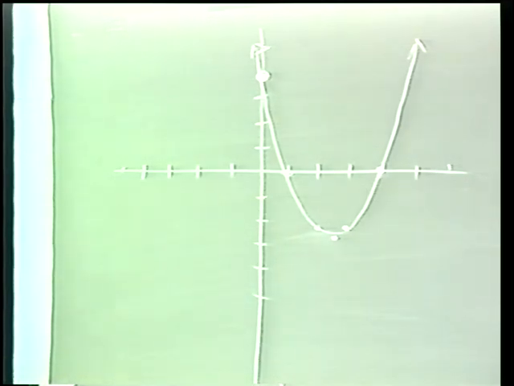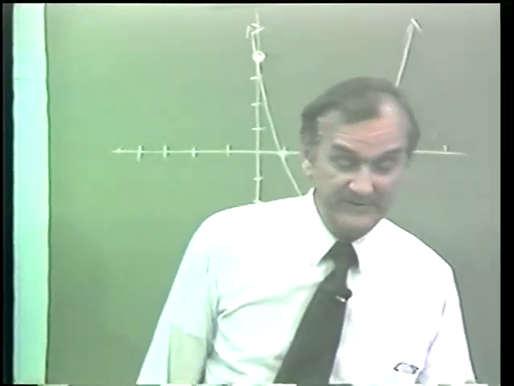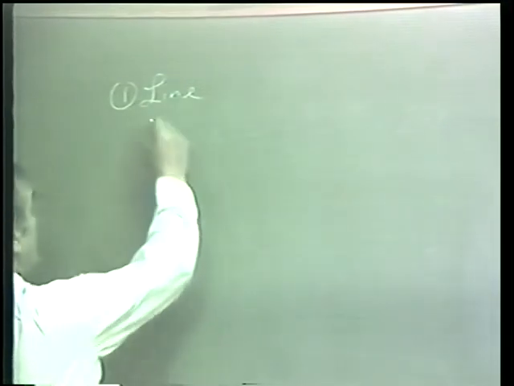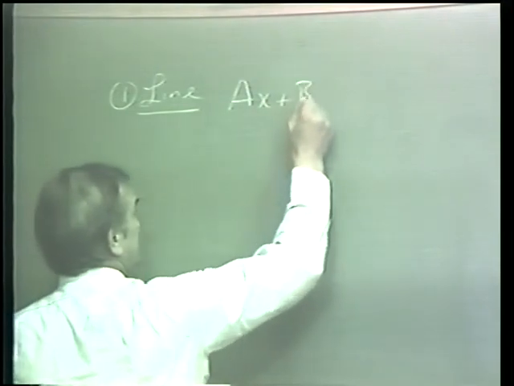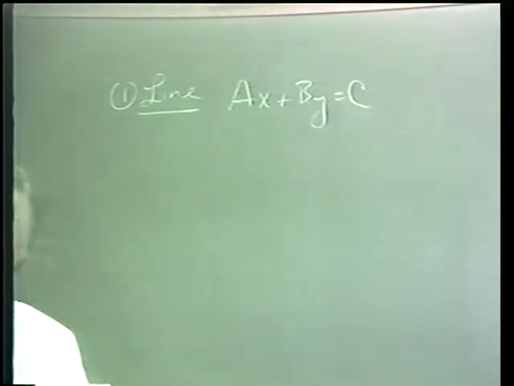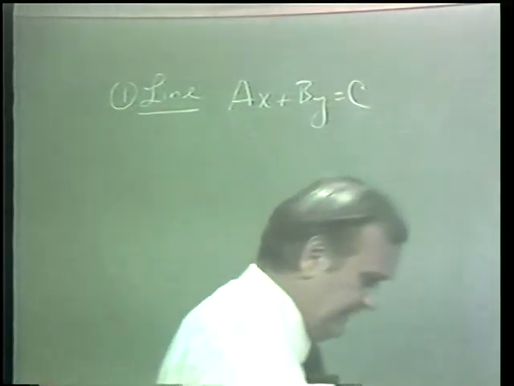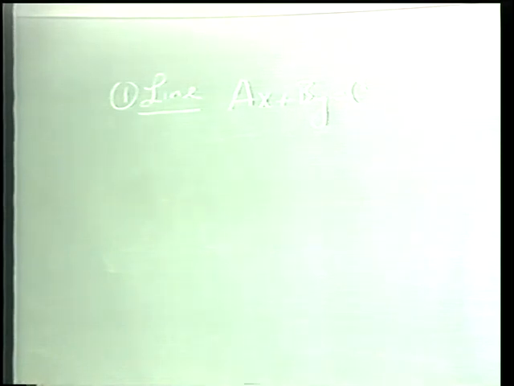Okay? Now, so far, we know how to make two types of geometric figures. The first type we went into was a line. And the general form of a line was ax plus by equals c. Anytime all your variables are first degree, that's a line.